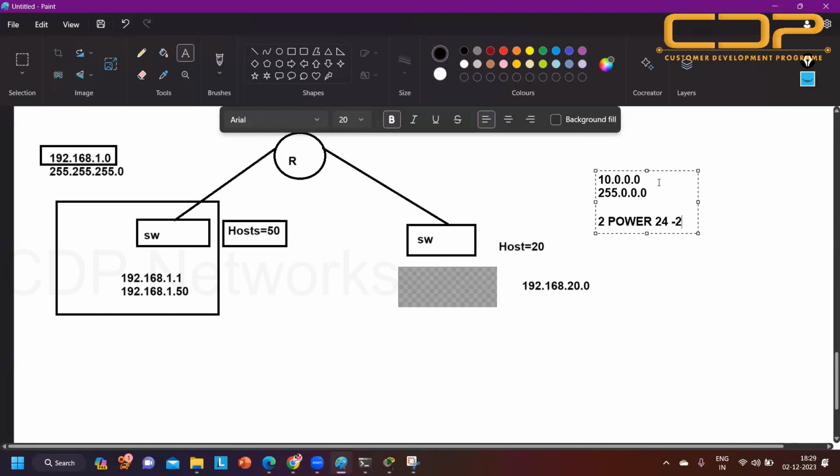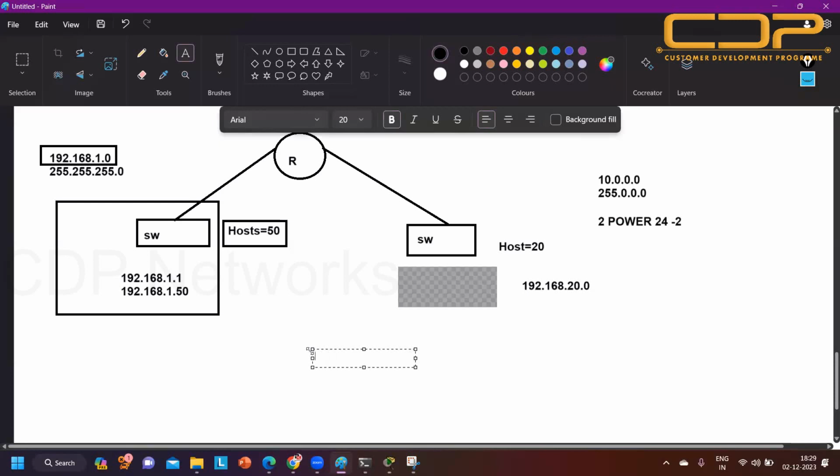If my network size is small, I will use class C, which gives fewer IP addresses. If it is large, I will use class B. If it is huge, I will use class A. But if my network size is less than 200 users, or we need, say, 500 IP addresses, we need to do subnetting.